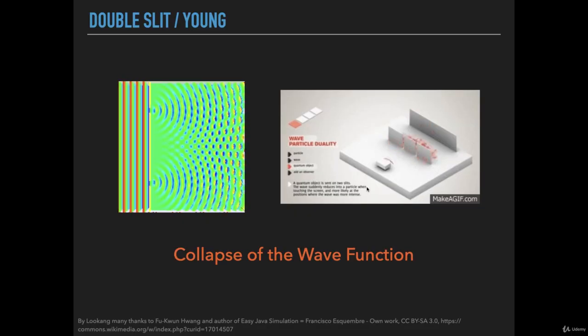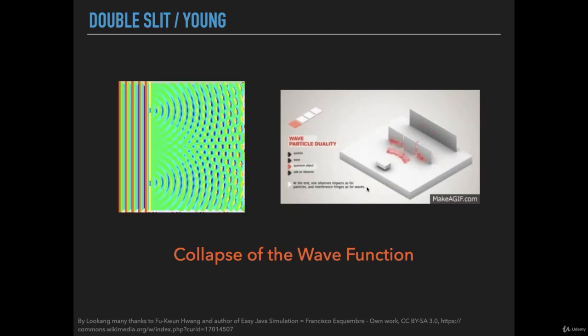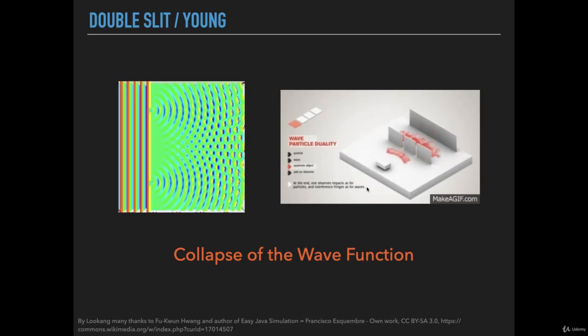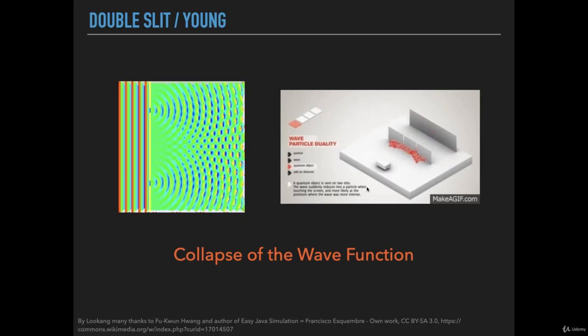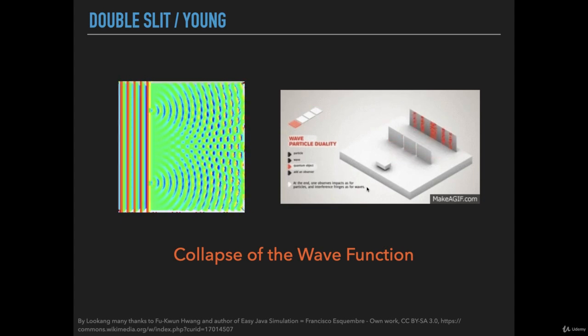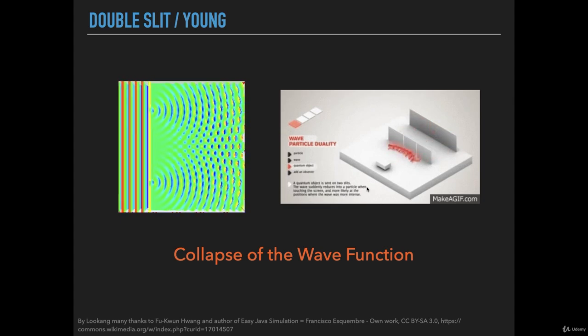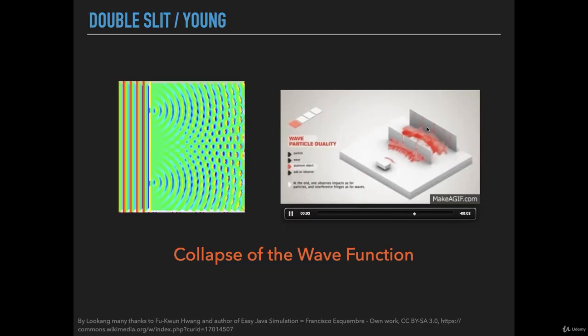So this is very weird. And they took it one step further. They said, what happens if we don't observe, but we leave the observer device there and just unplug it from the electricity?